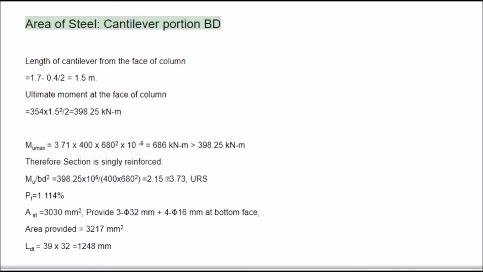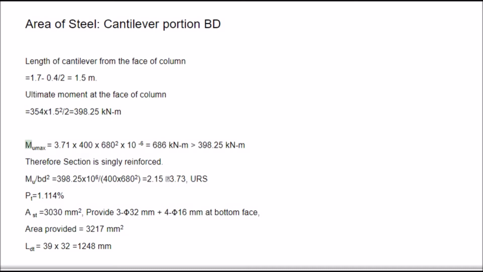Area of steel, cantilever portion BD. Length of cantilever from the face of column equals 1.7 to 0.4/2 equals 1.5 m. Ultimate moment at the face of column equals 354 x 1.5²/2 equals 398.25 kN.m.